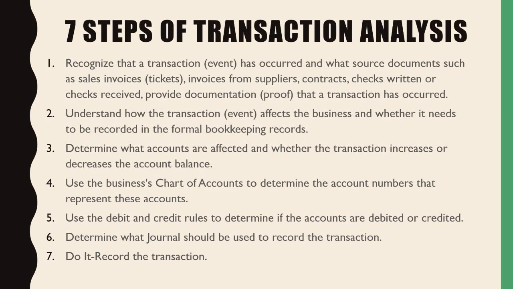So once you've done so, the next step is to use the debit and credit system, okay? So determining which accounts are debited and which accounts are credited. As I've mentioned before, this is where the accounting model comes into play, all right? We're going to use that to understand what we did. In this case, I purchased furniture. I acquired an asset, a fixed asset.